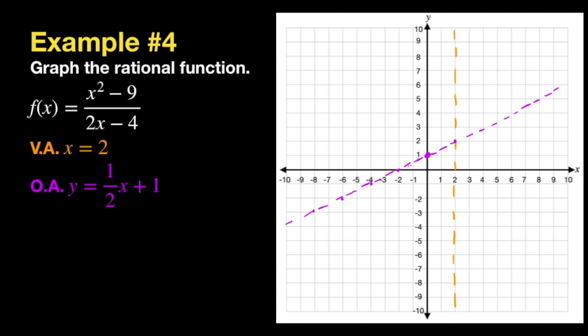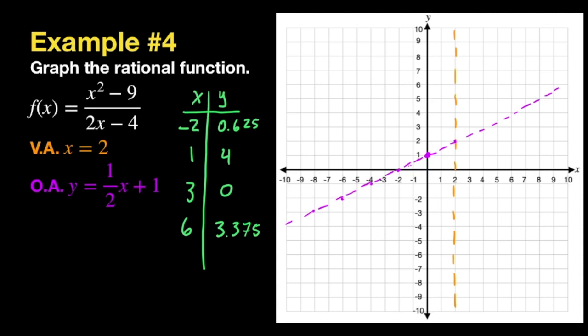Once again, we're going to choose numbers on the right side and left side of the vertical asymptote. In this case, the numbers are slightly nicer, so we can actually be a little more precise when it comes to graphing. So we know that a -2 is going to be above the oblique asymptote because it's 0.625.